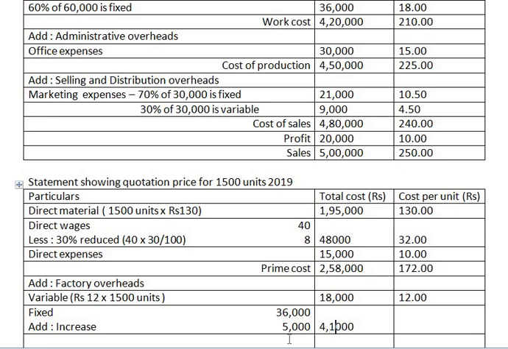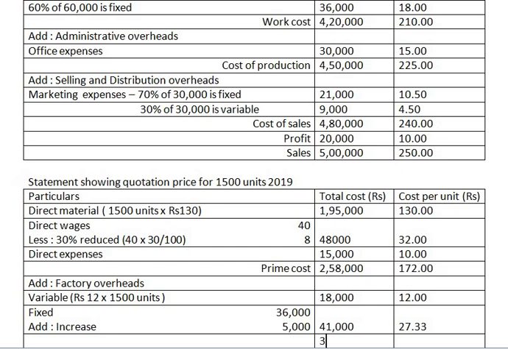Now 41,000 divided by 1,500 will be 27.33. Yes. Now make a total.